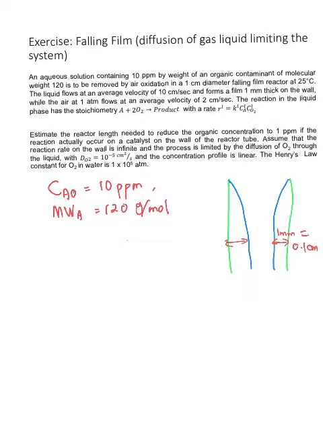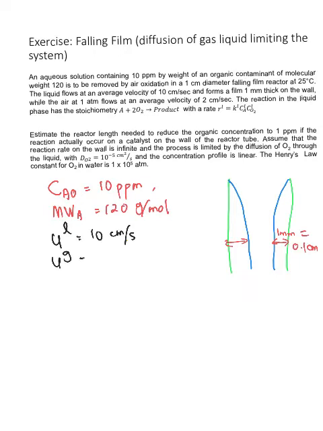The liquid flows at average velocity 10 cm per second. So average velocity U_L is 10 cm per second, while the air at 1 atmosphere flows at average velocity 2 cm per second.